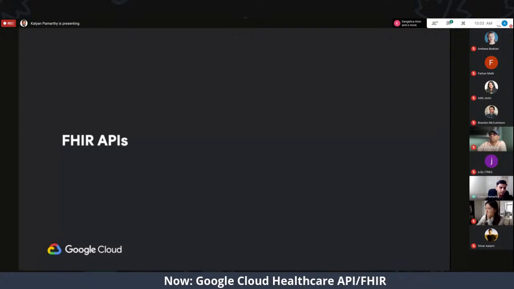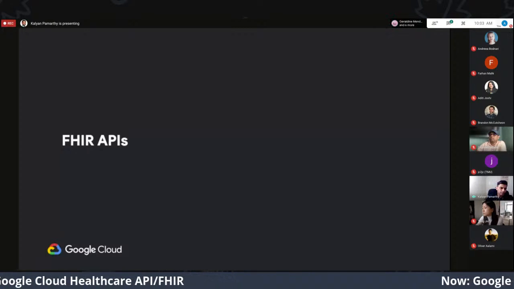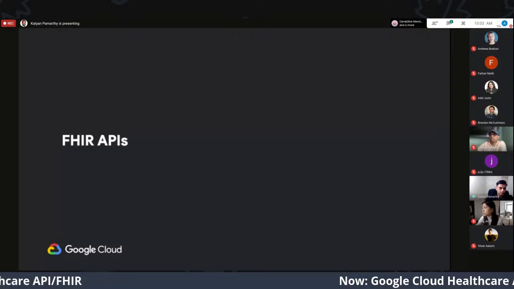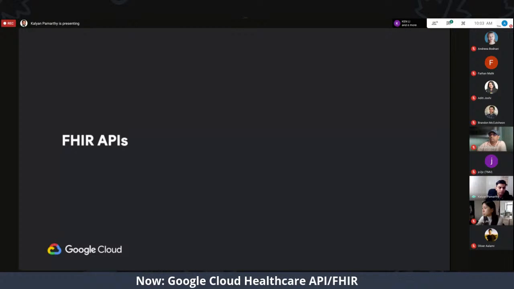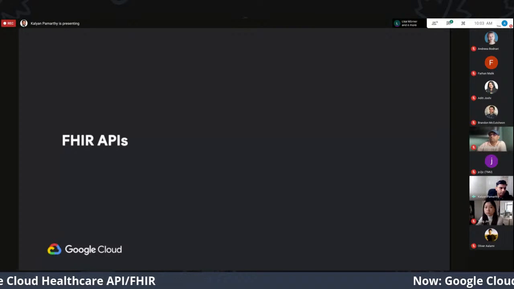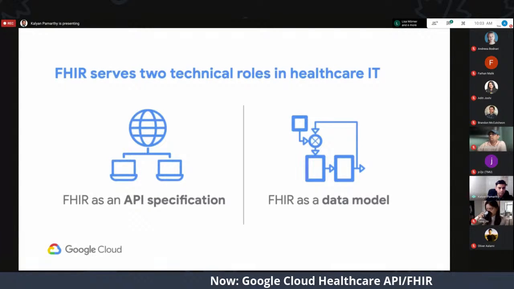And so we are investing quite a bit in supporting FHIR. We're very active in the FHIR community and tracking the standards to keep building new functionality. So developers like all of you can use our APIs to build FHIR-based apps.